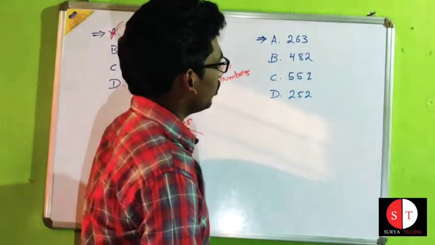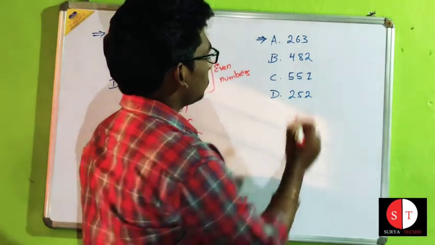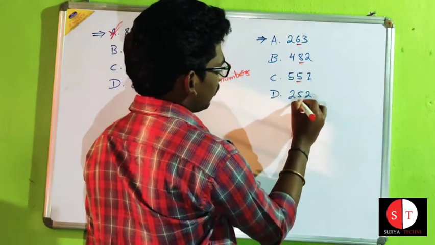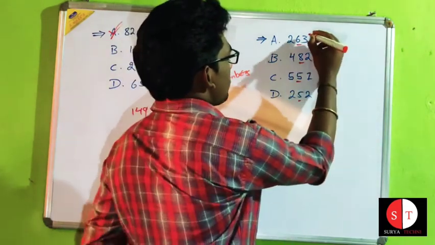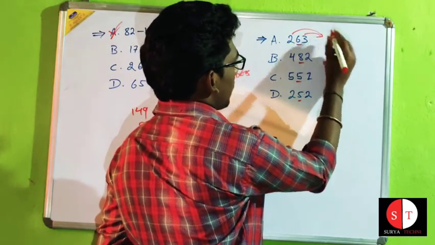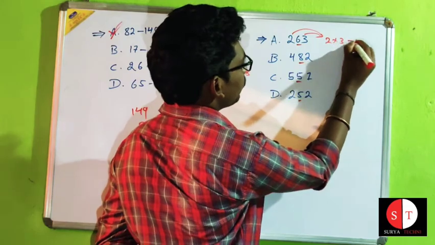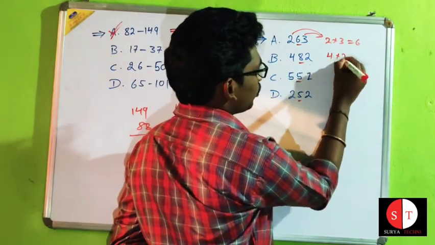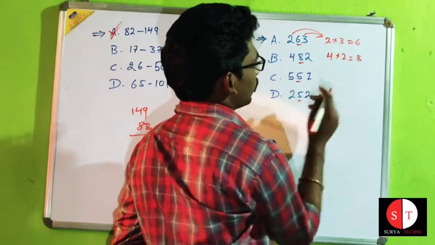In this type of question, 6, 8, 5, okay. 2 into 3 equals 6, okay. 4 into 2 is 8, okay.